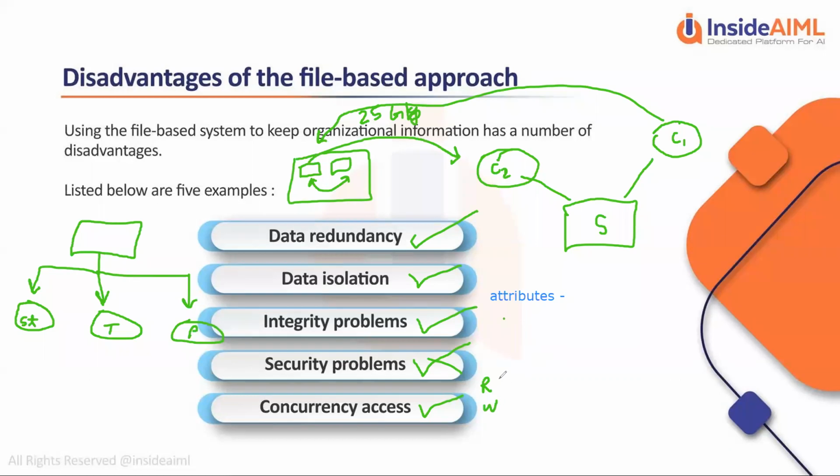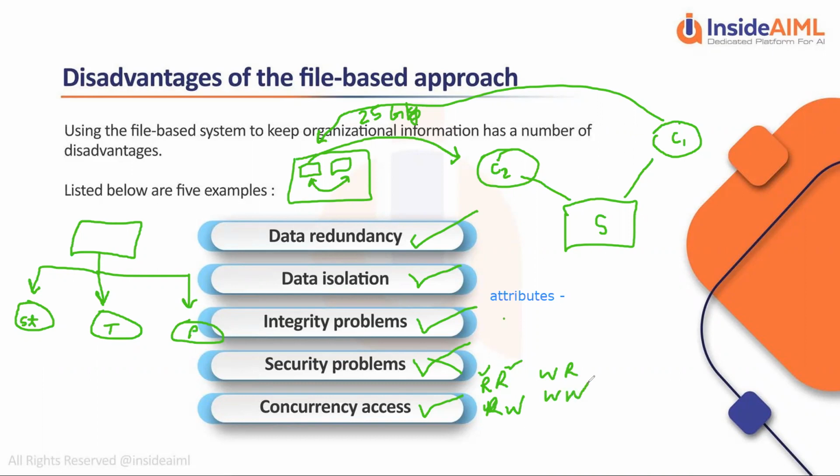For example, you are having two clients. Two clients can do the read operation. Client 1 can read the file, client 2 can also read the file. But if client 1 is reading the file, client 2 cannot write in that file. Okay. If client 1 is writing in the file, client 2 cannot read the file. Similarly, two clients cannot write at the same time.